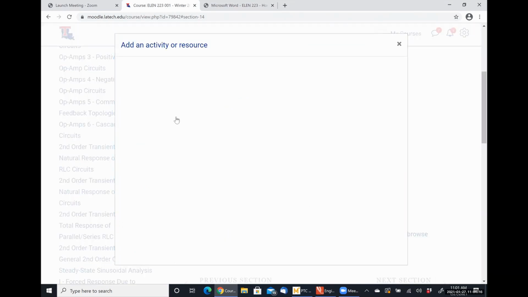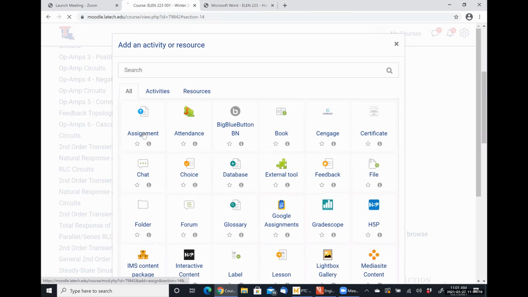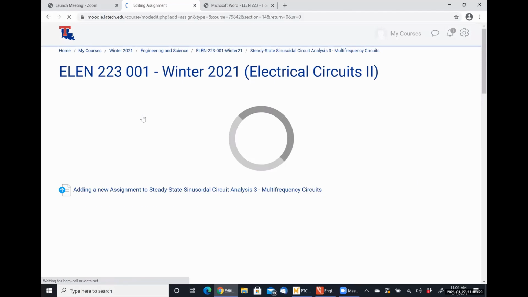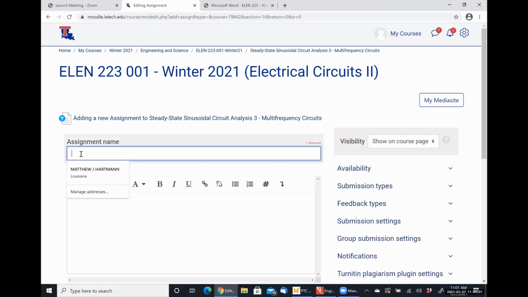So let's see. Assignment. Come on. Okay. I think maybe this is why I forgot to do it. All right, so that would be homework 11 online portal.